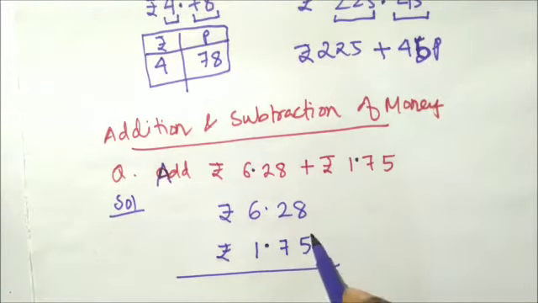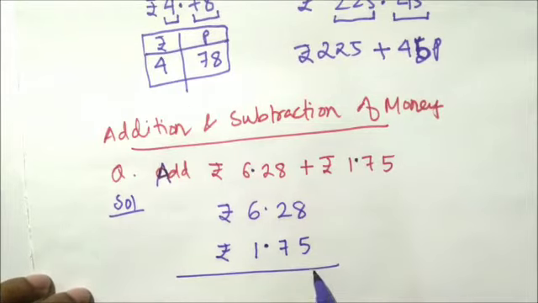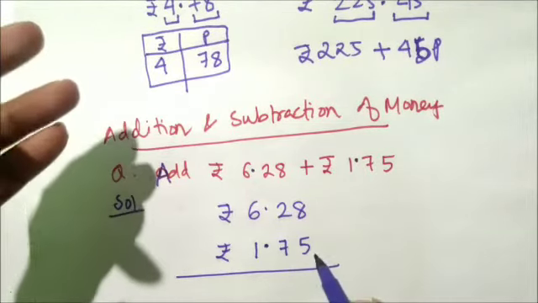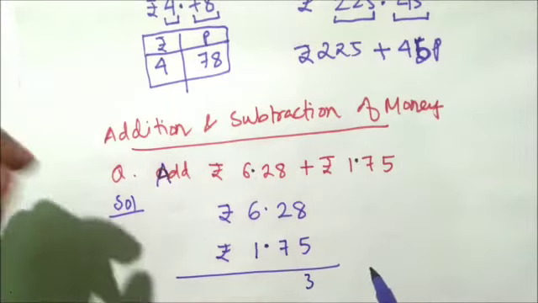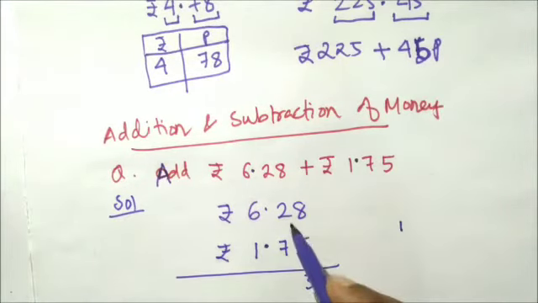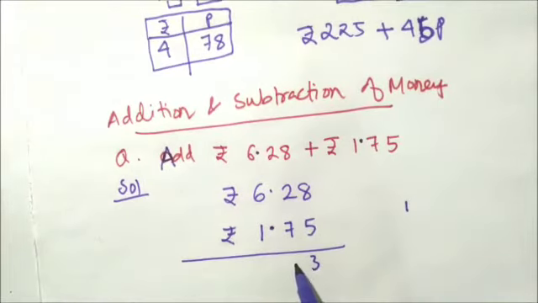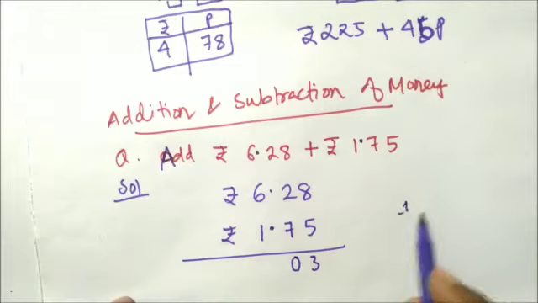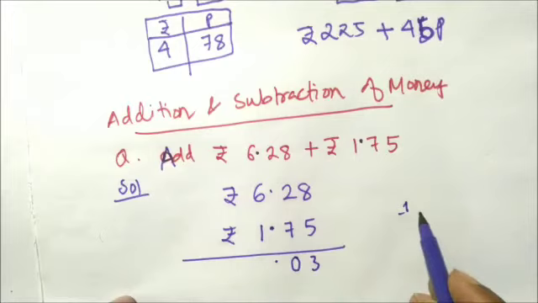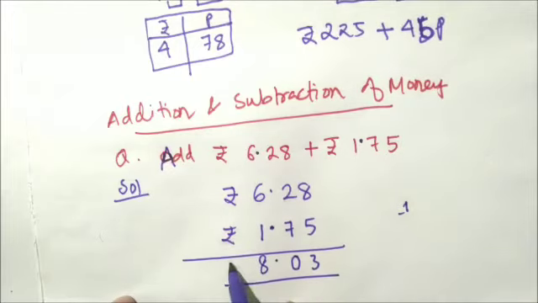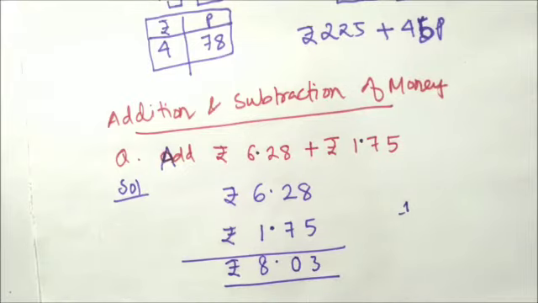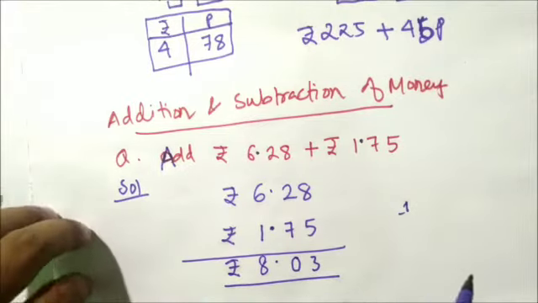Now we will add them simply. 8 plus 5 is 13, right? 3, and 1 is carried. 2 plus 7 is 9, 9 plus 1 is 10. 0, and carried again 1. Point, you place the point here. 6 plus 1 is 7, 7 plus 1 is 8. So 8.03 rupees. That means 8 rupees and 3 paisa we have. Okay, this way we can add whatever is given.